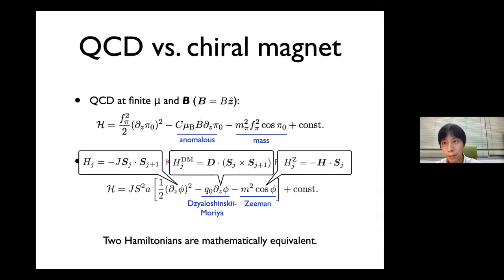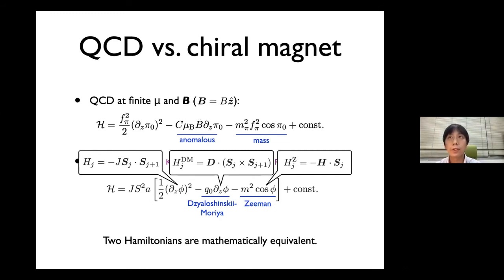Here, without loss of generality, I also took the direction of this D vector in the Z direction. That's why we have a derivative in the Z direction here. And the third term originates from the Zeeman term in the presence of the magnetic field in this form. So you can see that this Hamiltonian of chiral magnets takes exactly the same form as the low energy Hamiltonian of QCD, the pion field.